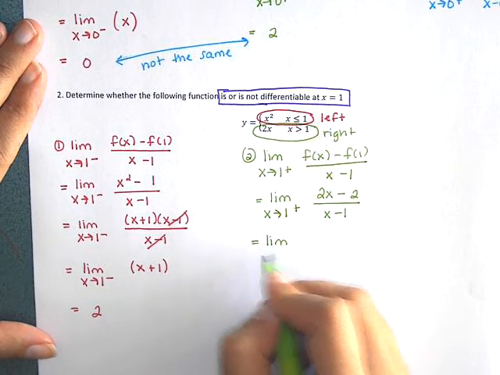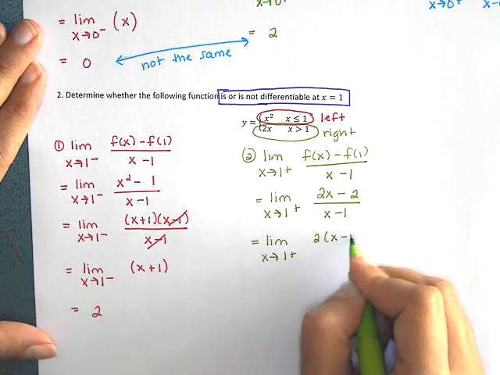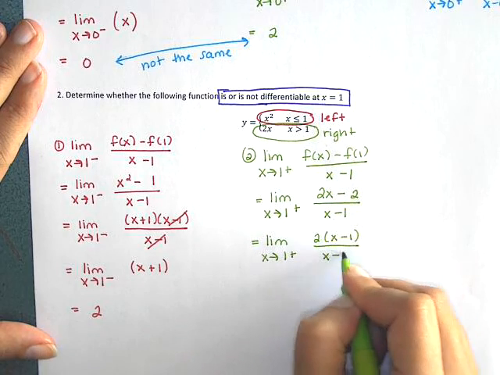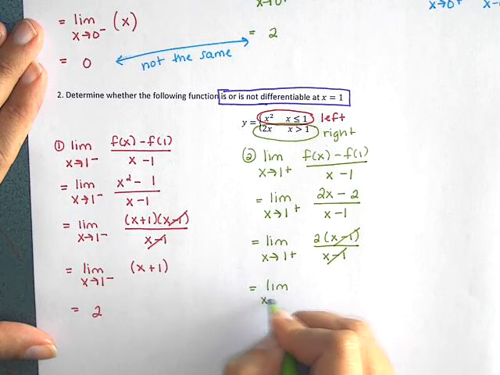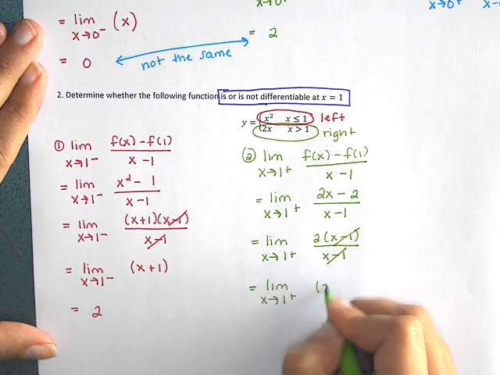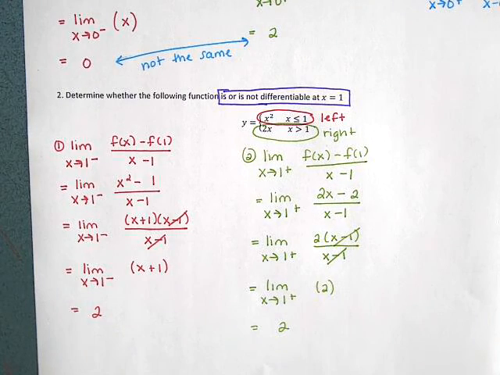Again, I'm going to factor. These cancel. So we get the limit as x approaches 1 from the right of 2. There's really no place to plug it in, so the answer is just 2. This time, these numbers do match.